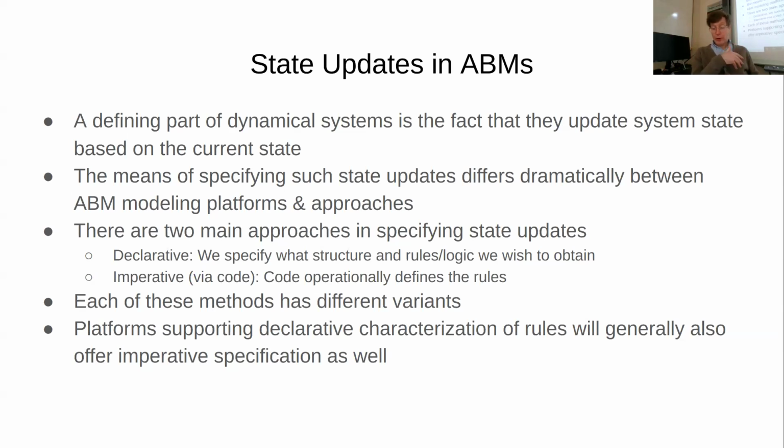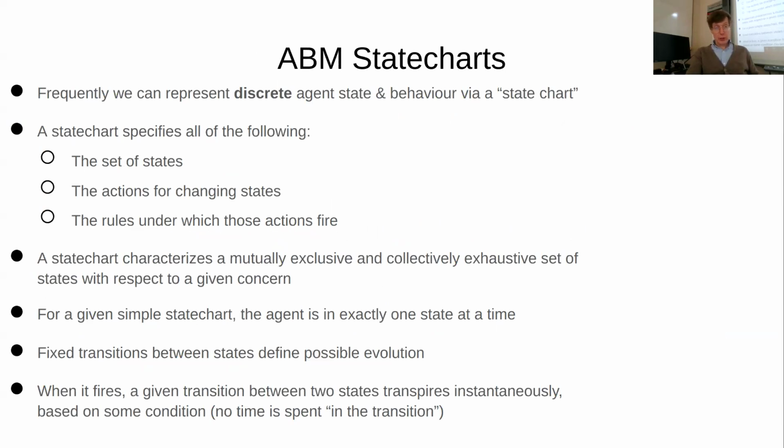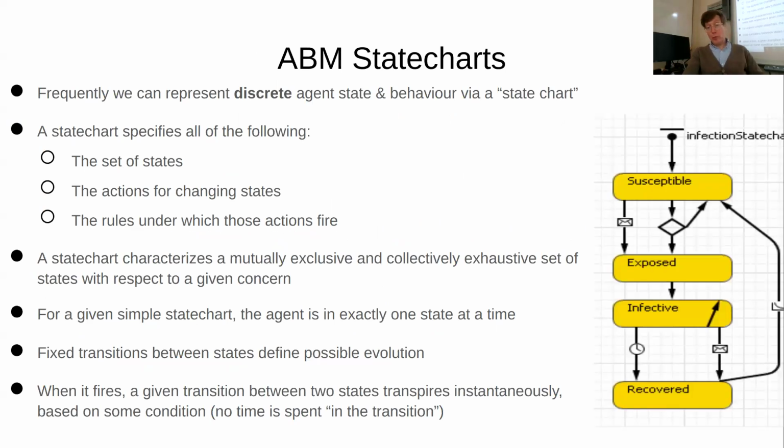We'll look at different declarative characterizations. But today we're going to be dwelling on one of those. And this will no doubt continue on Monday because it's a particularly versatile, increasingly widespread, and transparent characterization. And that concerns the use of state charts. State charts are used in multiple platforms.